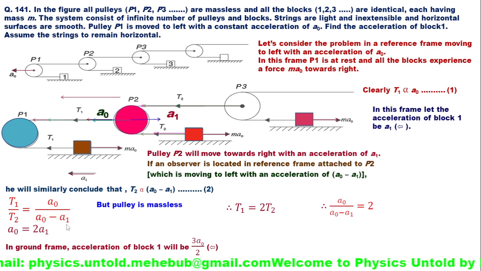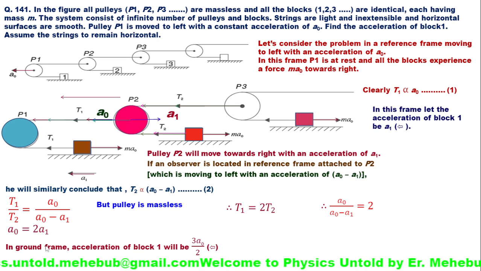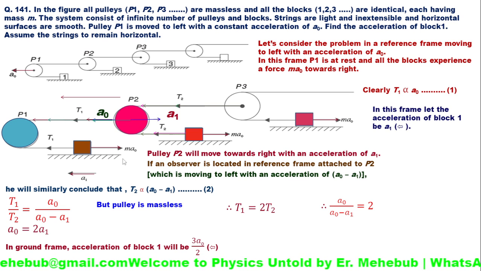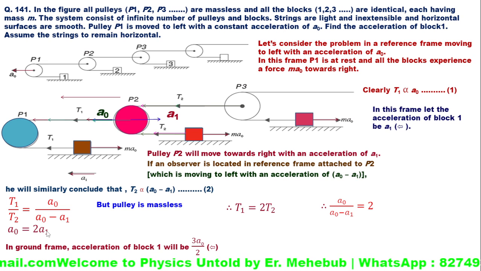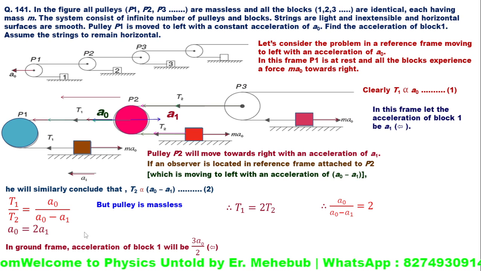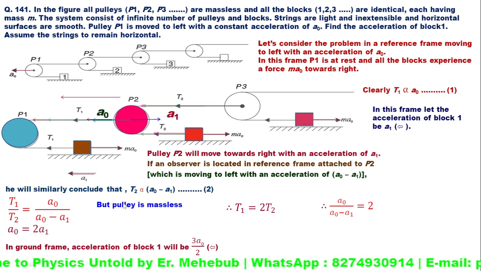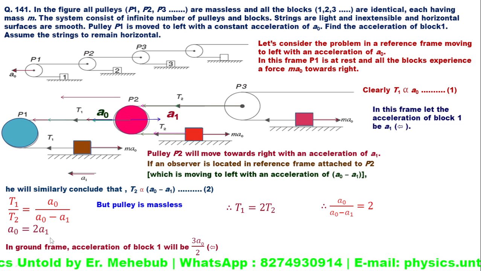Therefore the net acceleration must be equal to the sum of these two individual accelerations. In a nutshell, in the ground frame the acceleration of block 1 will be a0, which is the applied acceleration, and the other acceleration which appears by applying the tension in the strings or pulling the system, that is equal to a1.